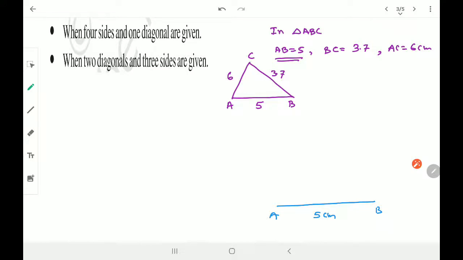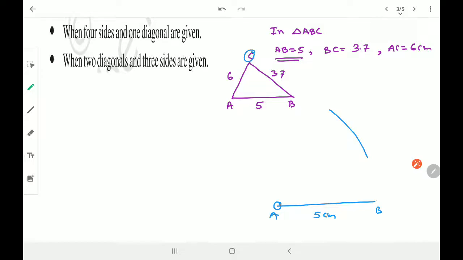Then I have to locate this C point somewhere above AB. What exactly do I have to do? I have to keep my compass at point A, take a distance of 6 centimeter in the compass, and draw an arc.